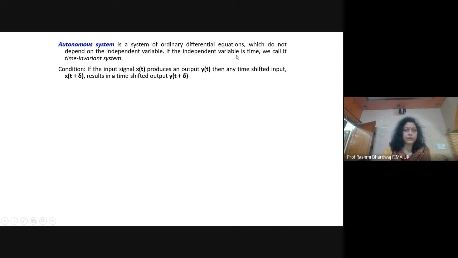If the independent variable is time, we call it a time invariant system. Suppose I am taking an input signal x(t) which produces an output y(t). Then any time shifted input x(t + delta) results in a time shifted output y(t + delta).